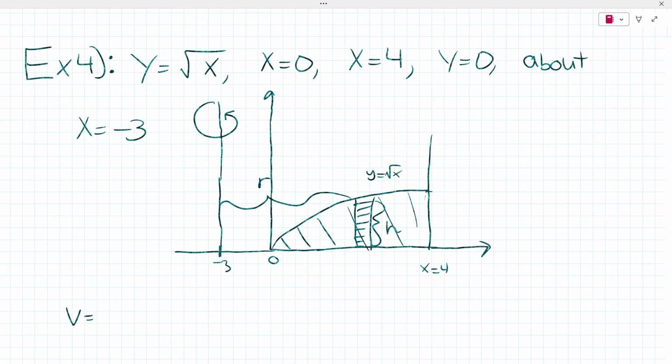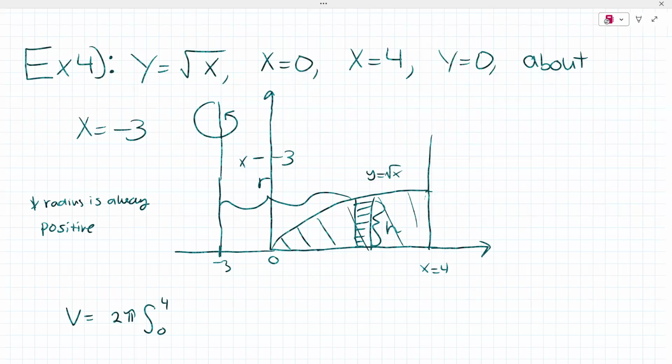So we're going to set it up as V equals 2 pi times the integral from 0 to 4. Now, our radius must always be positive. So it's going to be this unknown distance x minus this vertical line, which is negative 3.